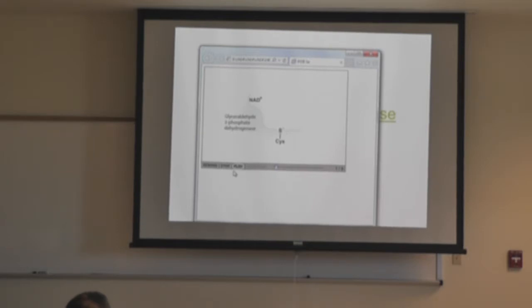If you remember the nicotinamide, I'm not good at drawing. So that's charged, and I think there's an R group here. What is this nicotinamide going to do? It takes off a hydrogen, not a hydrogen ion, but a hydride.